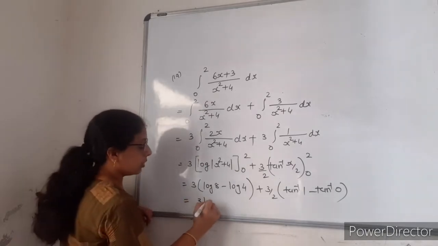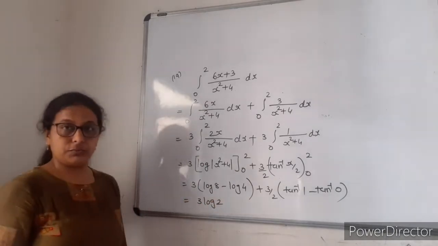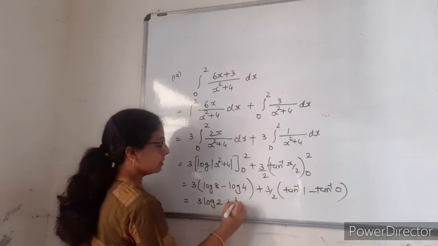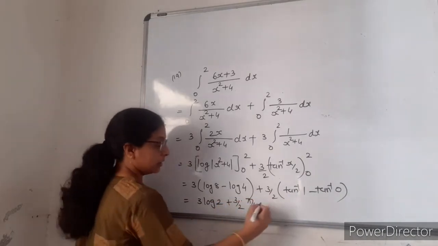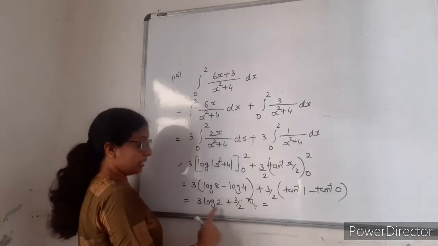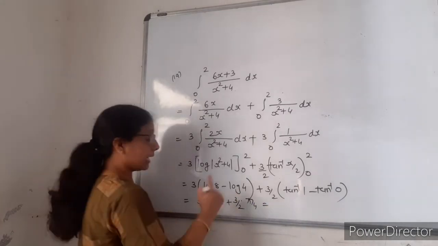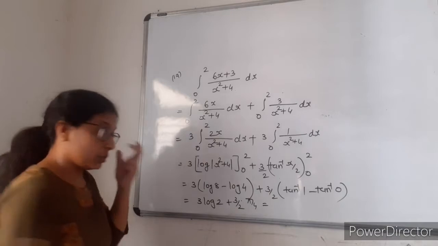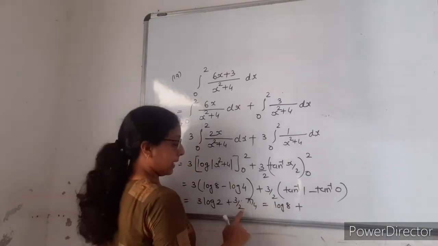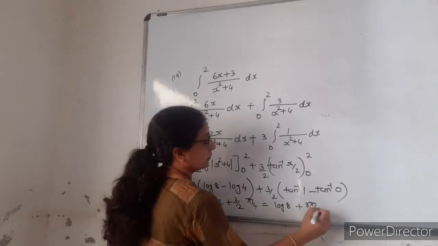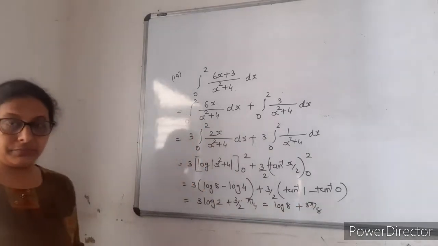So 3 log 2 plus 3 by 2, tan inverse 1 is pi by 4. So our answer is 3 log 2 plus 3 pi by 8. You can also write log 8, 2 cube. So we can write like this also, log 8 plus 3 pi by 8 is our answer.